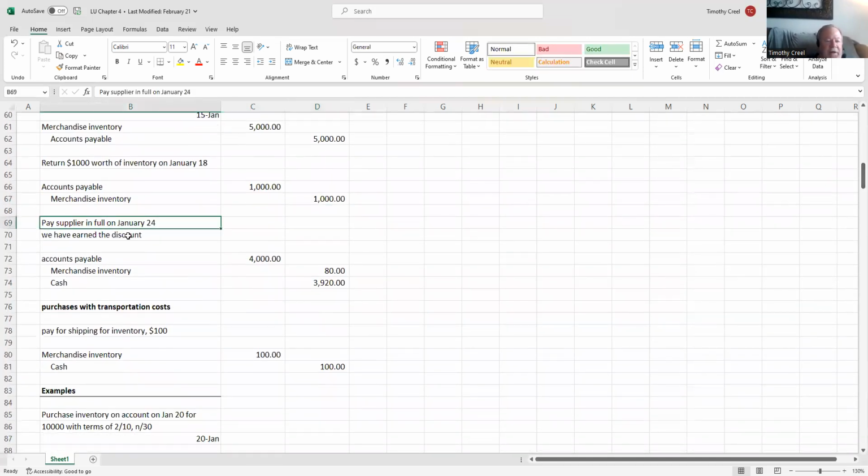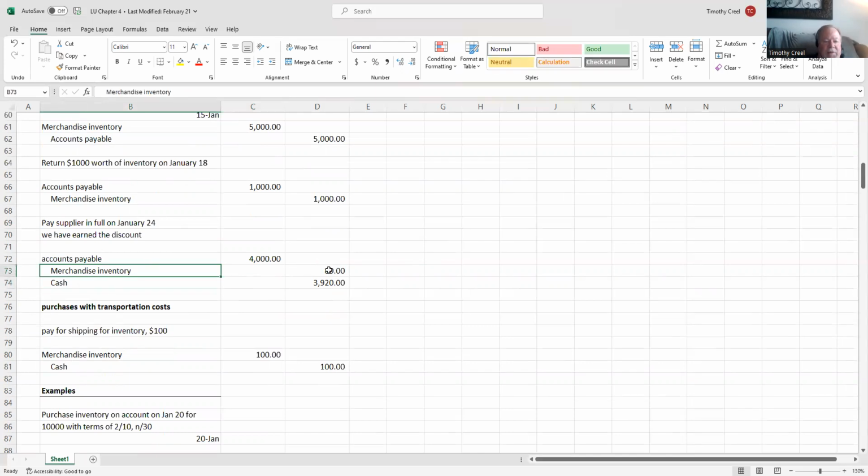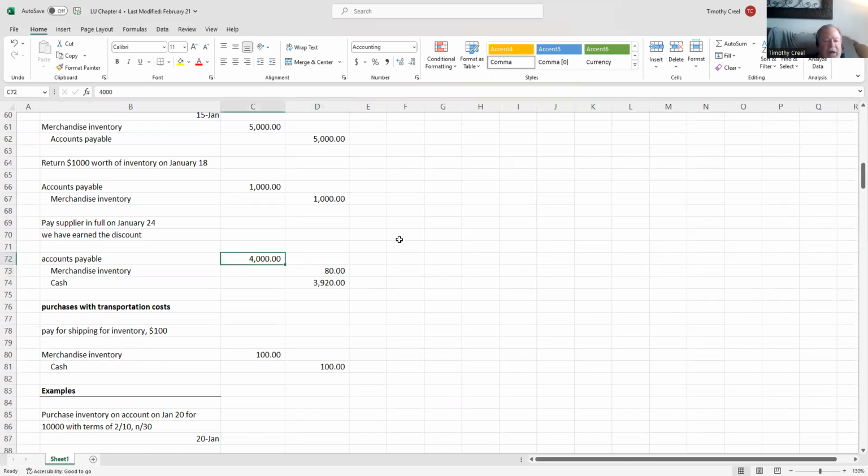We pay the supplier in full on January 24th. That falls within 10 days, so we've earned the discount. So notice our entry here. We're going to debit accounts payable for $4,000. And think of it this way too: if we're paying the supplier in full, we're going to zero the balance in that account. And then we would credit merchandise inventory for 2% of what we owe.